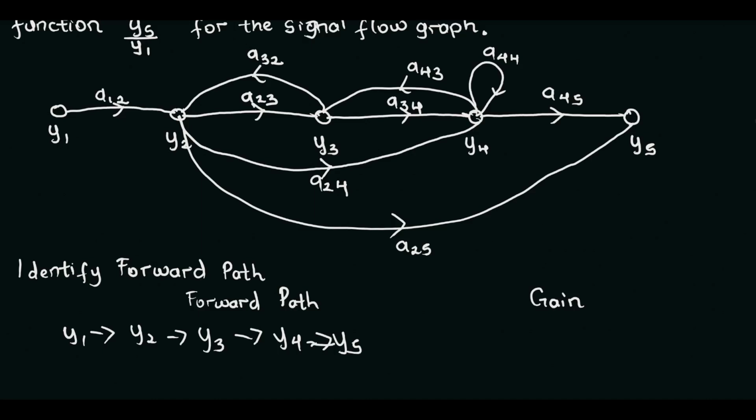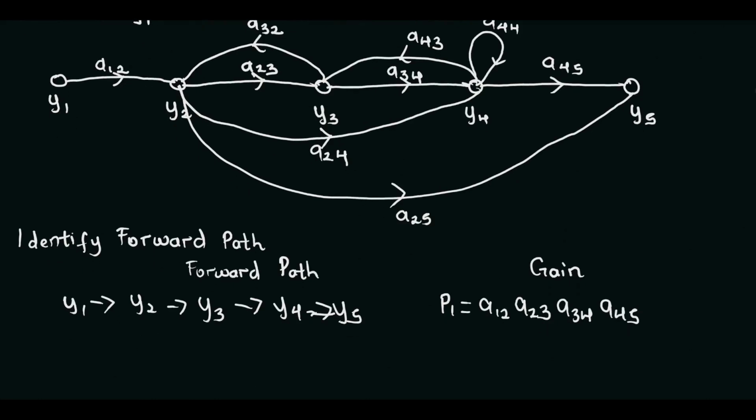Your gain will be, so the P1 will be A12, A23, A34, A45.